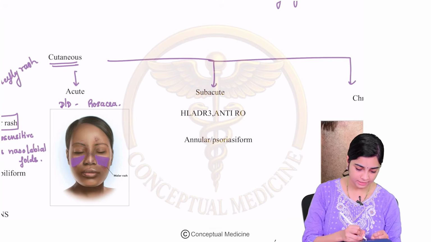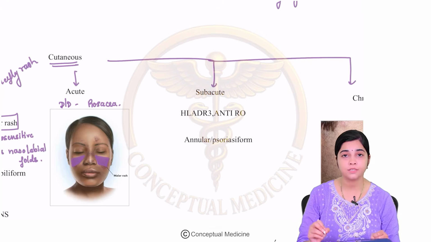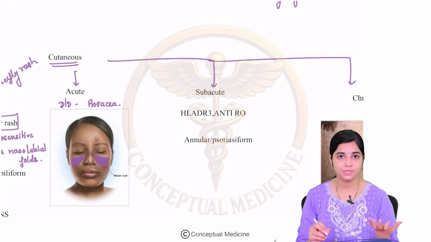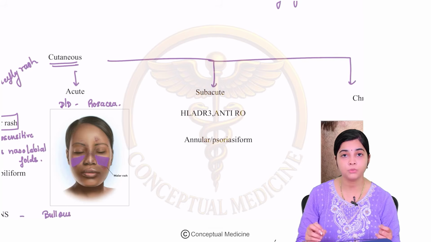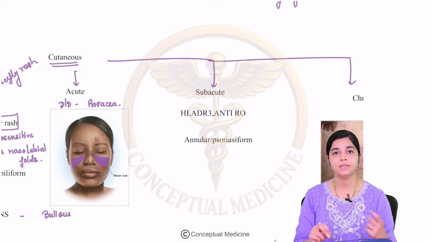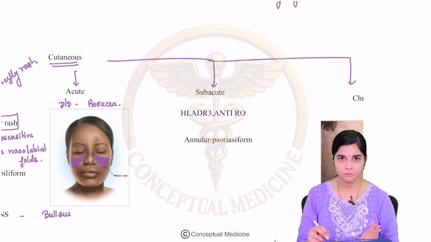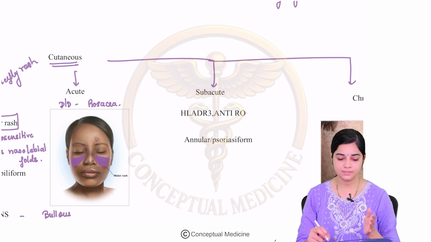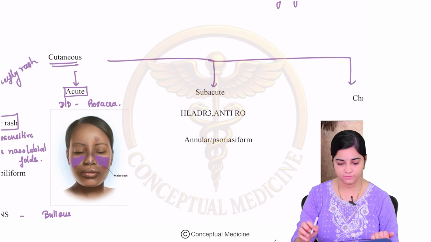Apart from that, you can have a morbilliform rash, or you can even have a toxic epidermal necrolysis-like feature which has the presence of various bullous rashes. So you can have bullous rashes, morbilliform rash, malar rash. These are different rashes which you can see in acute cutaneous lupus erythematosus.